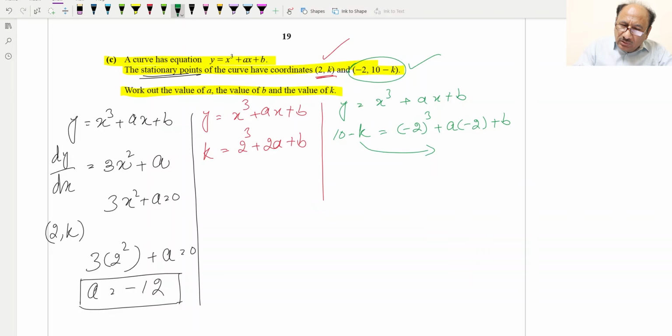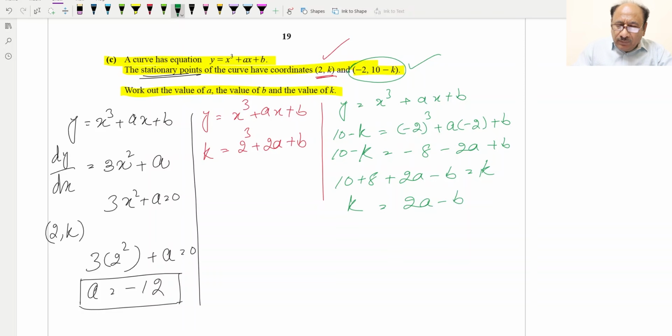So I'm shifting k to the other side, and before shifting I'm just opening the bracket, so 10 minus k is equal to minus 8 minus 2a plus b, and we will be shifting minus k to the other side and these values to the other side, so it will be 10 plus 8 plus 2a minus b is equal to k, or we can write k is equal to 2a minus b plus 18. This will be our k value.